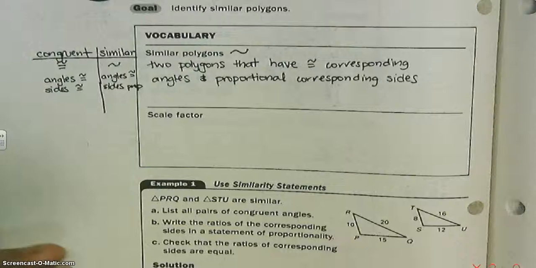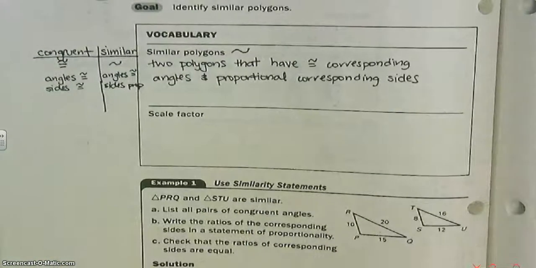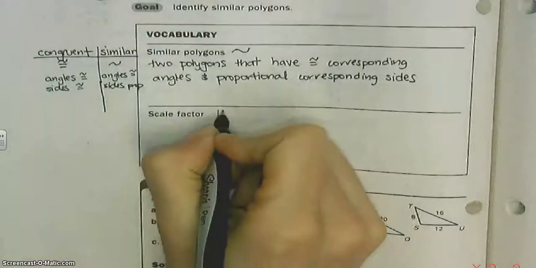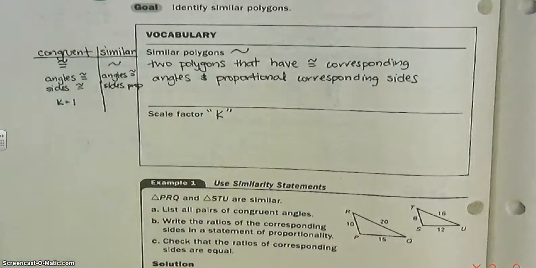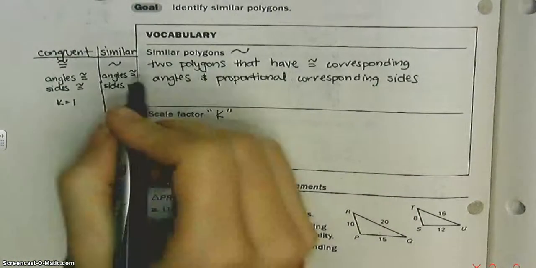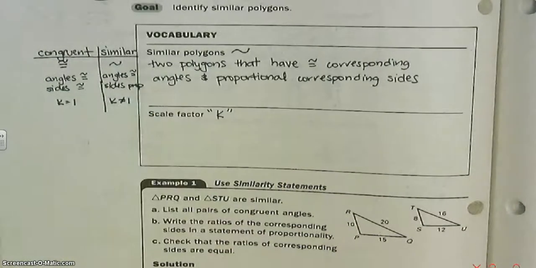And the scale factor for being congruent is 1. We call the scale factor K. K equals 1 here. Here, K is anything but 1. I guess it could be considered 1.